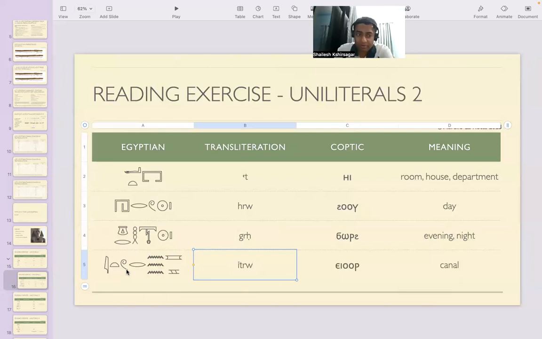Yeah, can we pronounce it as itru? How to pronounce it is quite complicated. I think that would be fair. Yitru, I guess, is fair, and it also represents the Coptic.